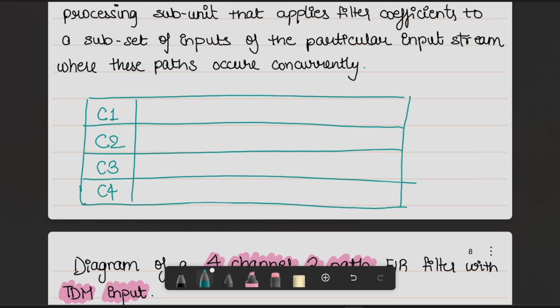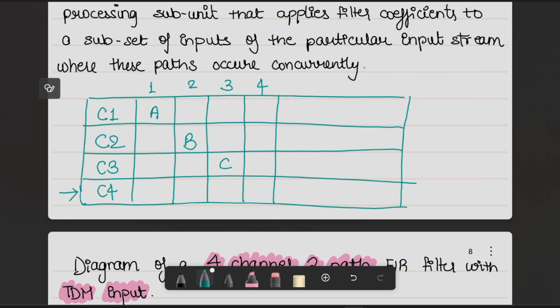Now, since these flow in a TDM fashion, the first input would come from channel 1, let's name it A. In the second clock cycle, the input would be given to channel 2, let's name it B. In the third clock cycle, the input would be given to channel 3, let's name it C. And on the fourth clock cycle, the input would be given to channel 4, let's name it D.